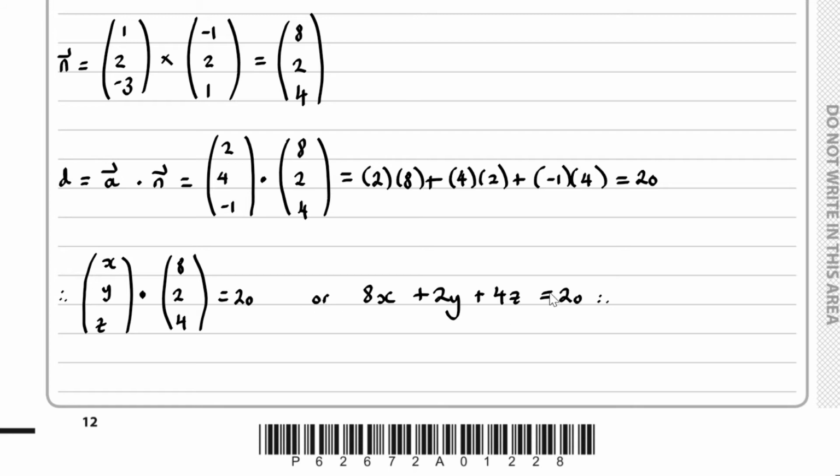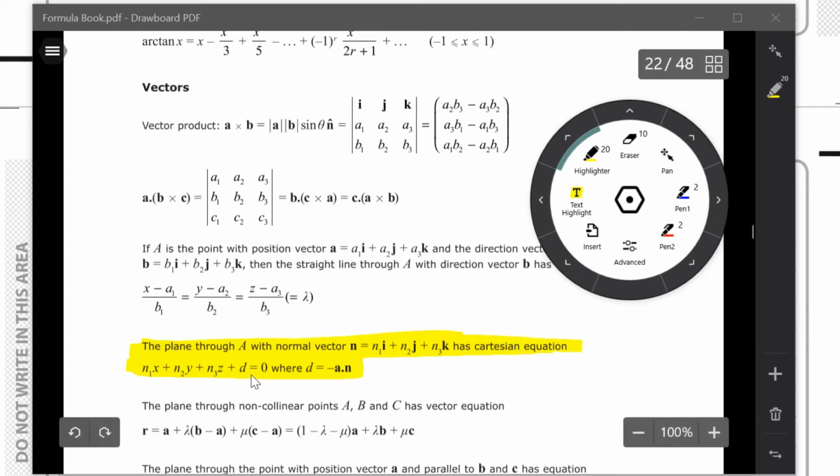You can also rewrite this by dividing each term by 2, so we have 4x plus y plus 2z equals 10. So this is our final answer in Cartesian form. So everything I've mentioned, that's highlighted in the formula book as well.